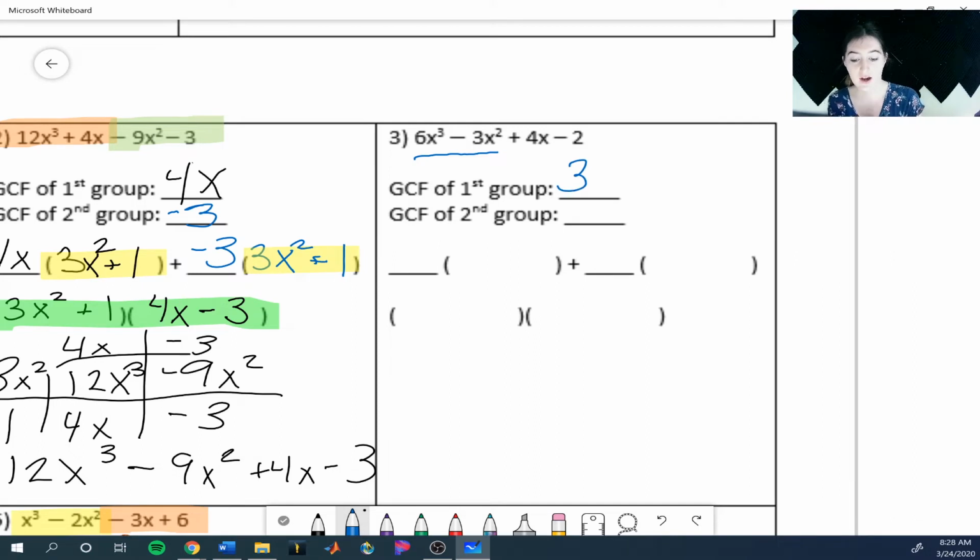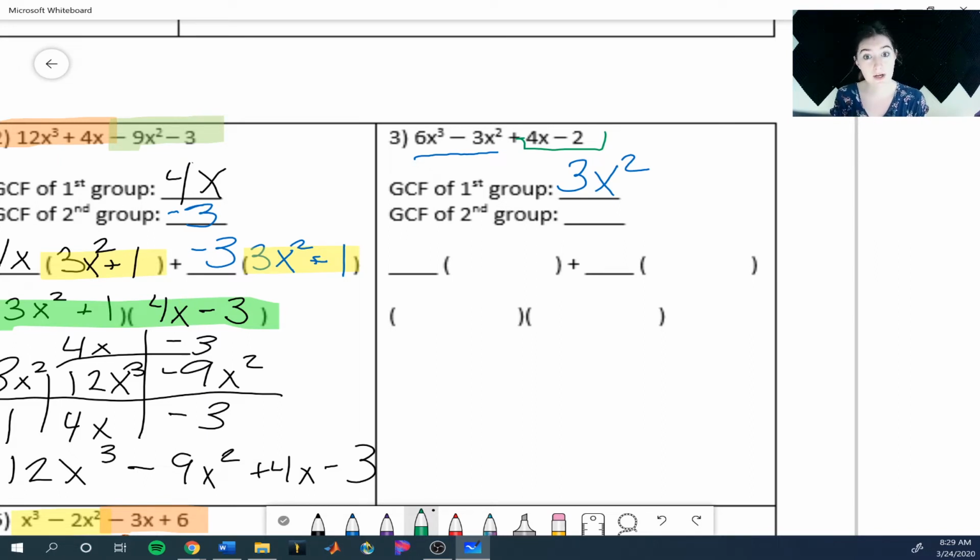All right, and now I have x cubed and x squared. What do they both have? X squared. Good. They both have x squared. Now let's look at my second group right here, 4x minus 2. Does that 4 have a negative in front? No, so I am not factoring out a negative. But let's look at 4 and 2. What is their greatest common factor?